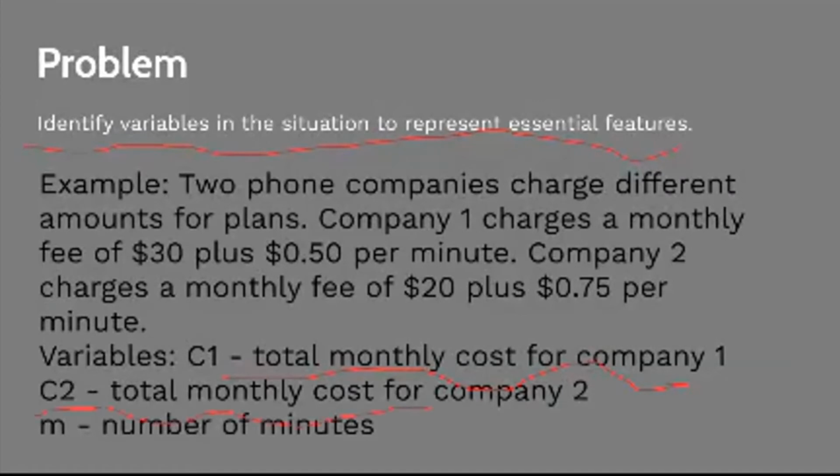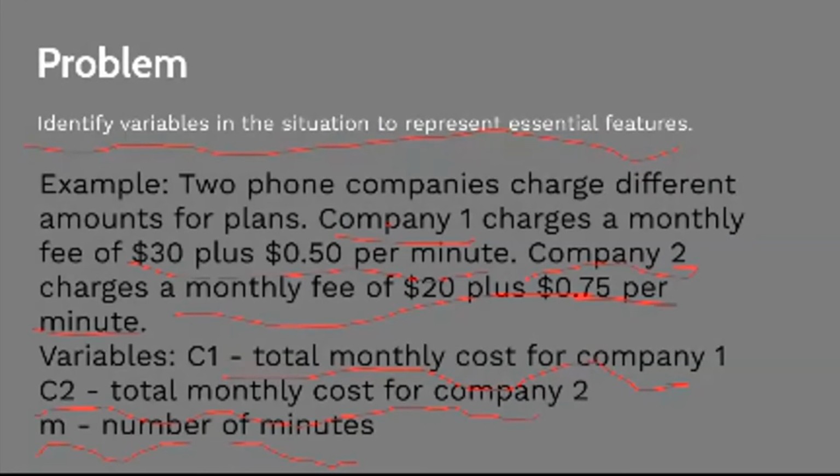C2 is the total monthly cost for company two, right? And then M would be the number of minutes in this case. That makes sense for those to be the variables, because we can say company one is in terms of this, company two in terms of this part right here.